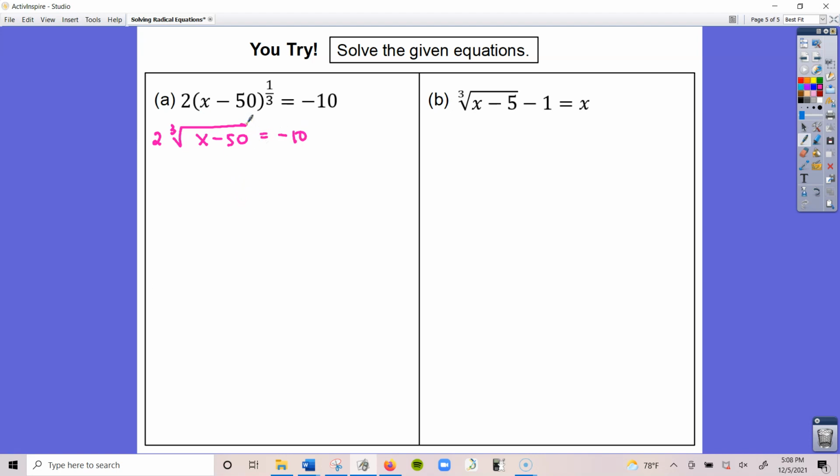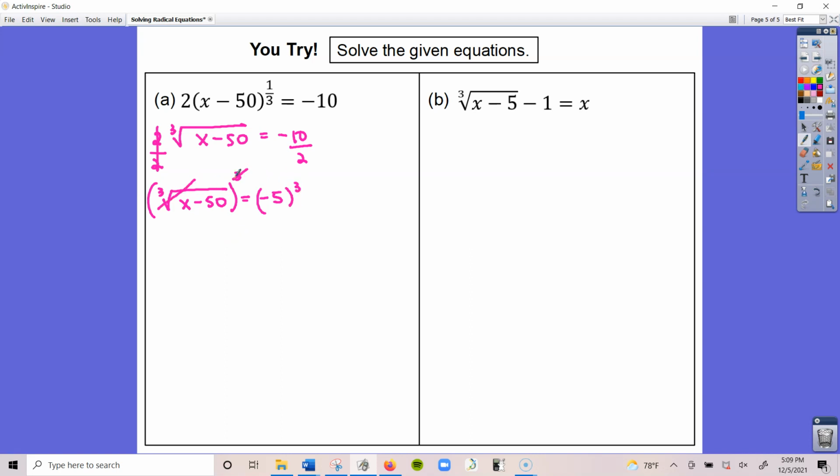I want to isolate this radical, so I'm going to divide the 2 to both sides. So I got the cube root of x minus 50 is equal to negative 5. Next, I'm going to cube both sides of my equation.